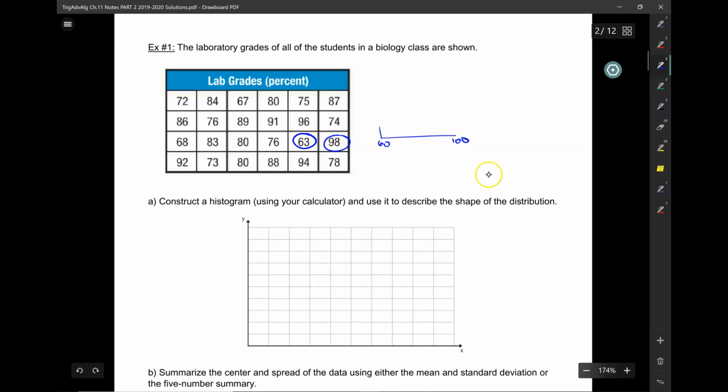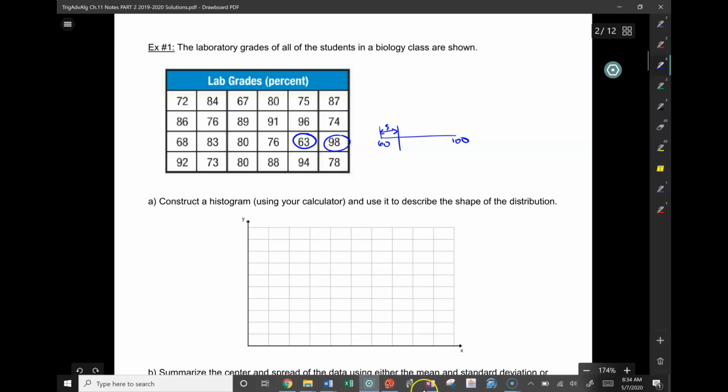Okay? And then I think I might want to go by 5s. I'm going to have classes of width 5. So here's what we're going to do.